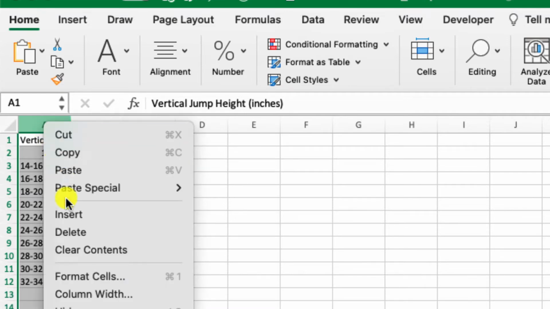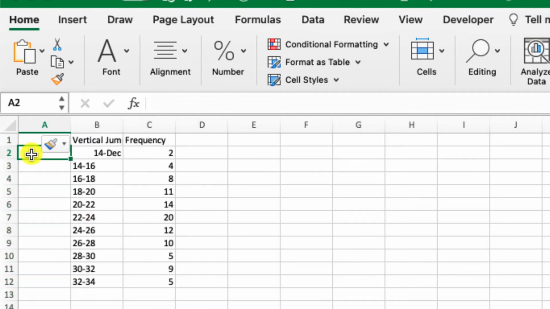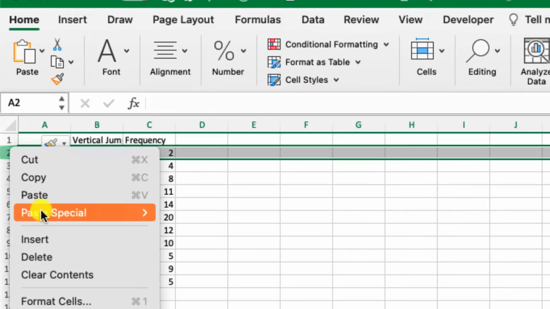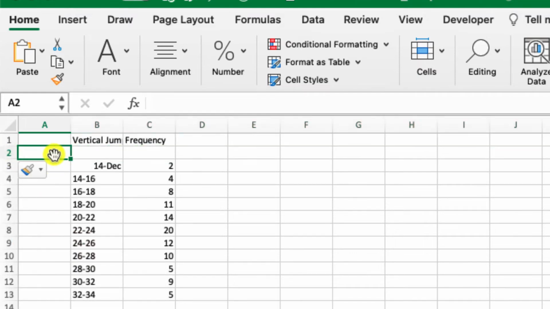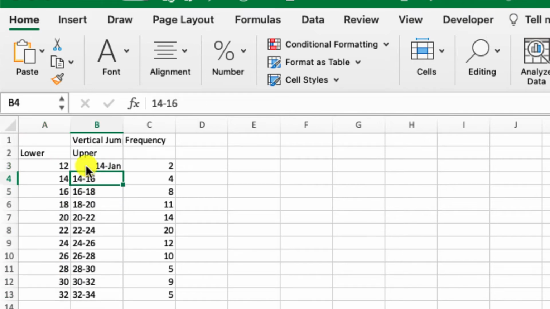What I'm going to do is actually add a column. So for this, we'll have a lower bound, an upper bound, and a frequency, just so we can separate out our values for our calculations.